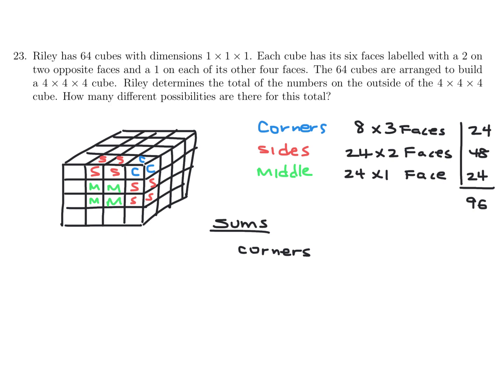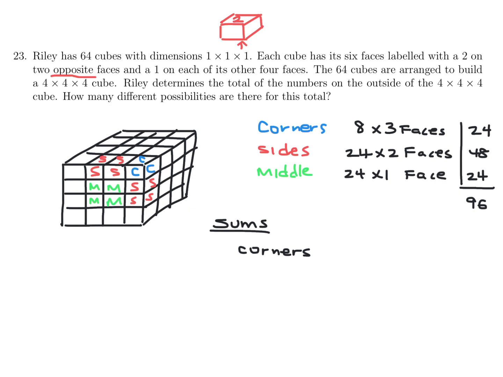let's go back and read the question here. Each cube has its 6 faces labeled with a 2 on 2 opposite faces. That's a very key point here. Okay, so let me just draw a little cube here. So if this is a 2, the other 2 would be opposite, so it would be at the bottom. You got it?